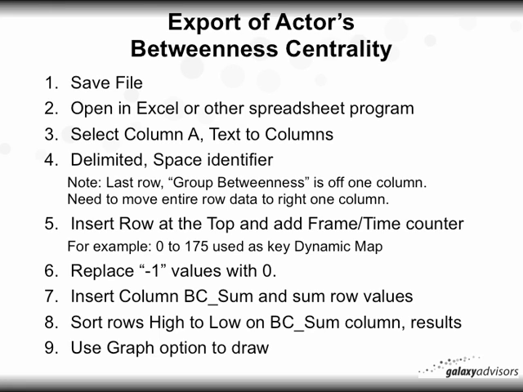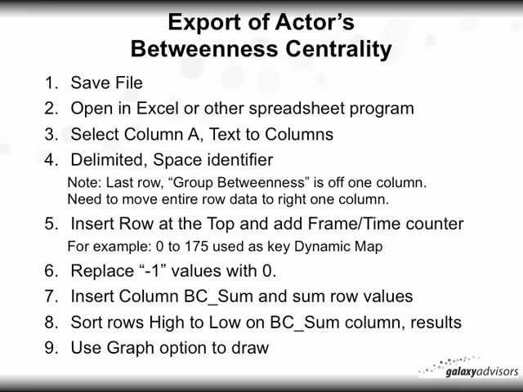Then sort the rows from high to low on the Betweenness Sum column. The result will show you the people with the highest betweenness centrality, which really represent those people in that far back plane, if you will, when you look at that social structure graph. And then you can use Excel or your other spreadsheet to graph them.